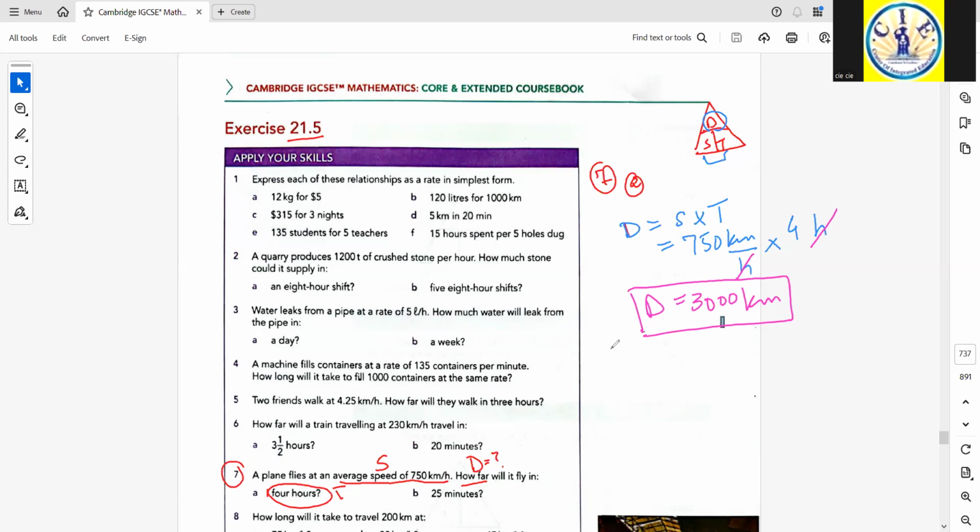Now it's part B. In 25 minutes, again using D equals S times T. S is 750 kilometers per hour and time is 25 minutes.